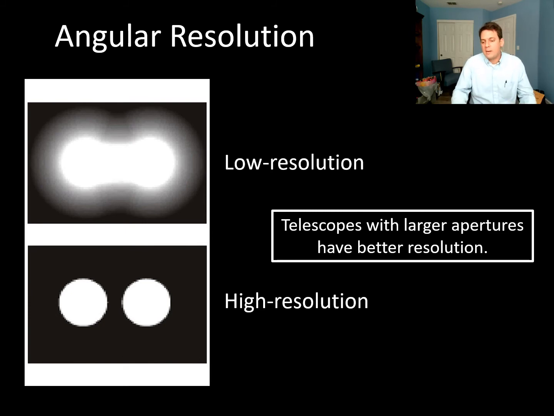Telescopes with larger apertures, which means larger mirrors, in order to have better resolution. Because if we look out 14 billion light years into the universe, but we don't have good angular resolution, then all we're going to see is a white fuzzy blur, and it's hard to learn a lot from that.